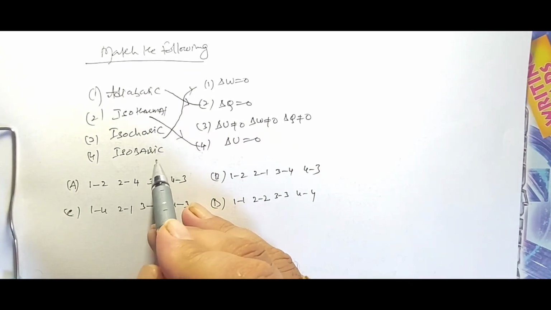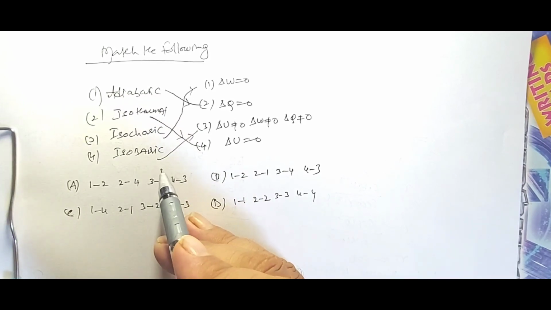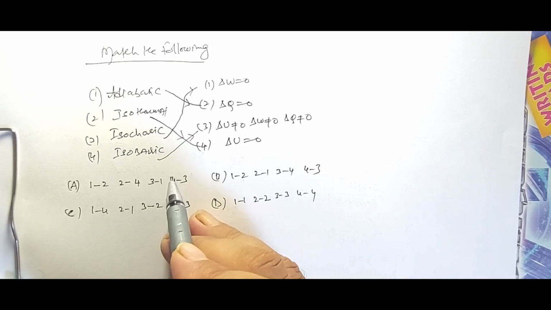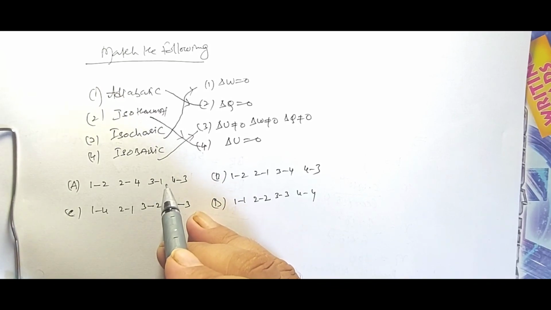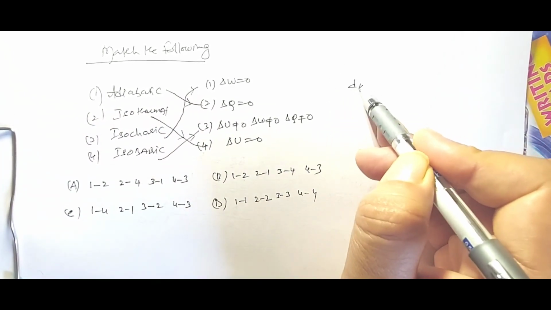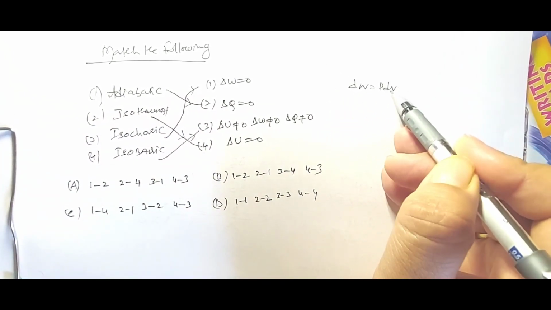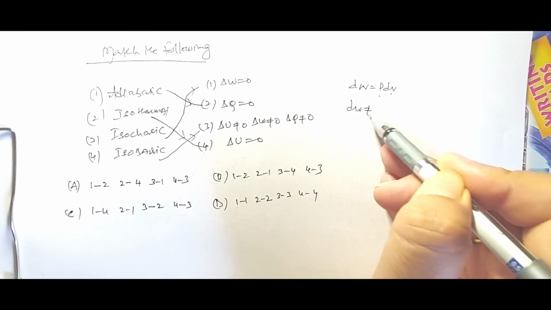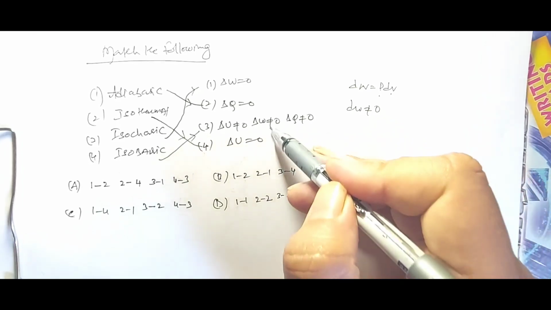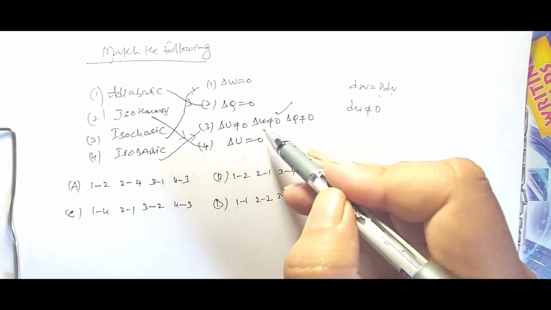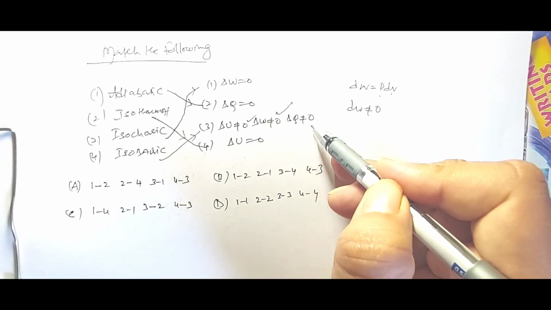The remaining option is 4, 3. Isobaric process means a process in which pressure is constant. In an isobaric process, dW is equal to PdV. Pressure is constant, but volume changes, so dW is not equal to 0. Whenever the volume changes, internal energy also changes.